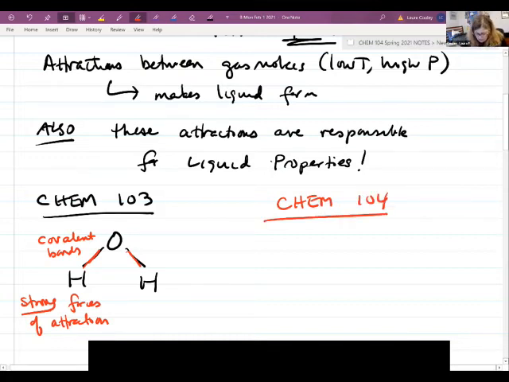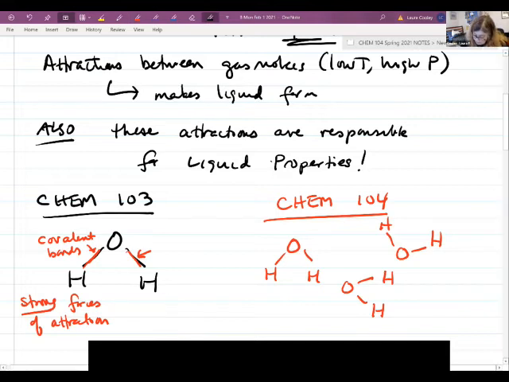Instead of focusing on the bonds as we did in 103, now we're focusing on attractions between molecules. So, for example, here you have a polar molecule. I'm going to go over polarity because it's very important for this unit. We have a slight difference in charge here.